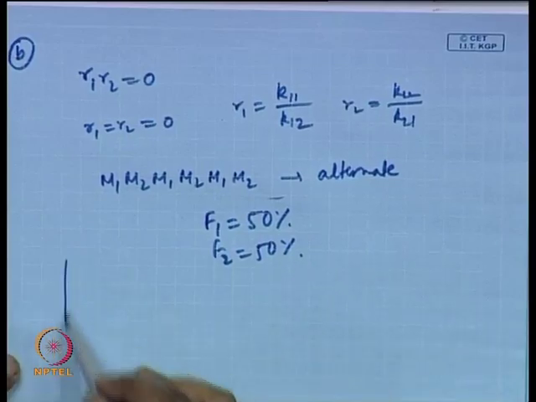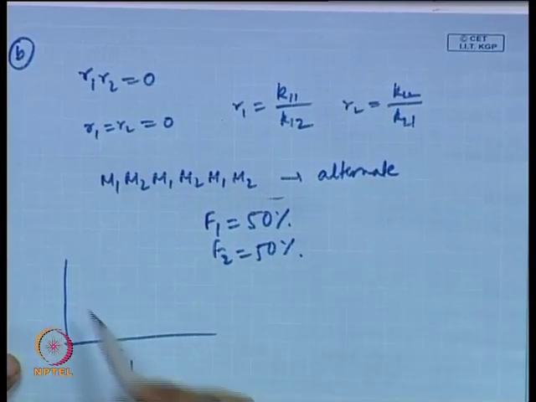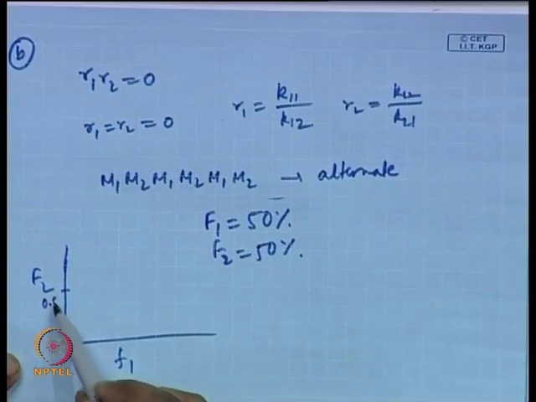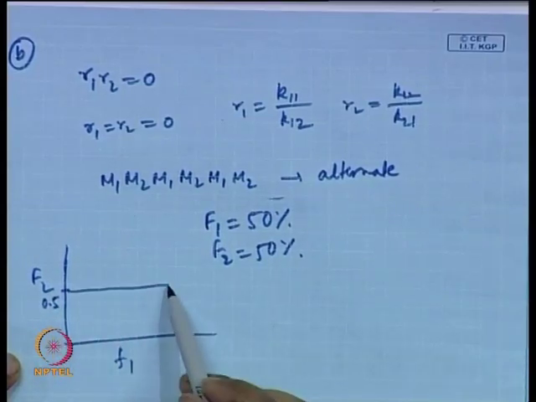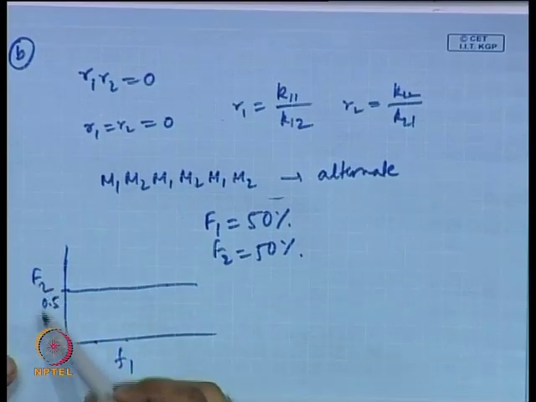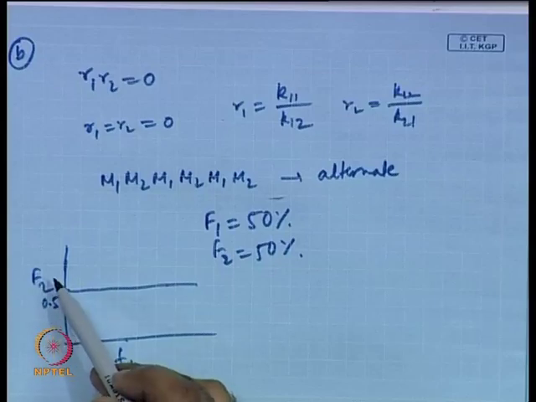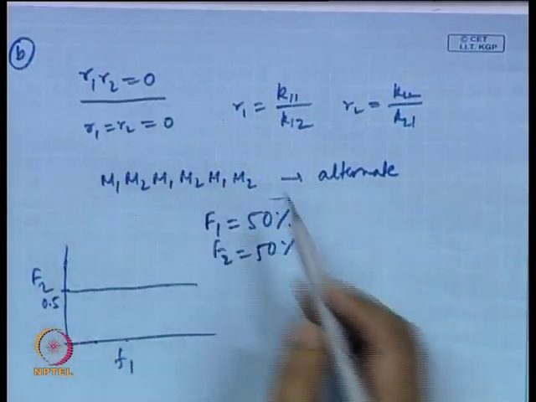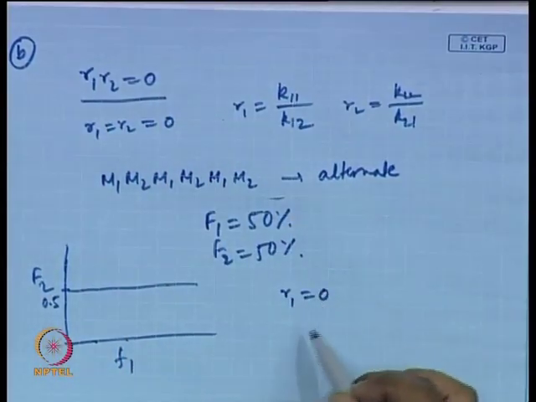So, if you plot F1 versus F2, no matter what the concentration of F1 is, you always get 50% incorporation in the copolymerization.